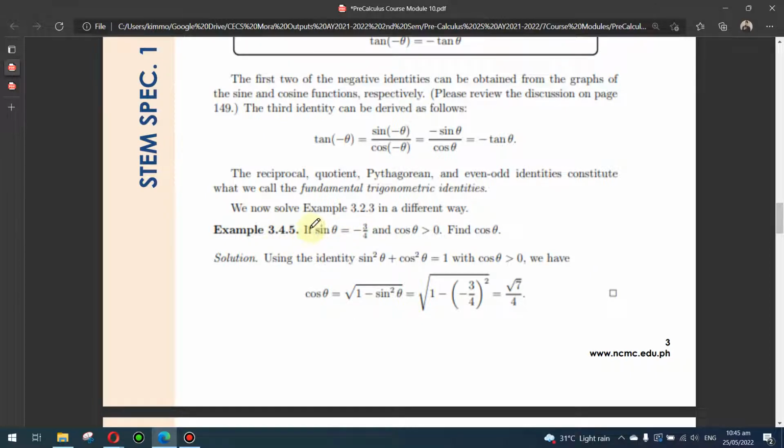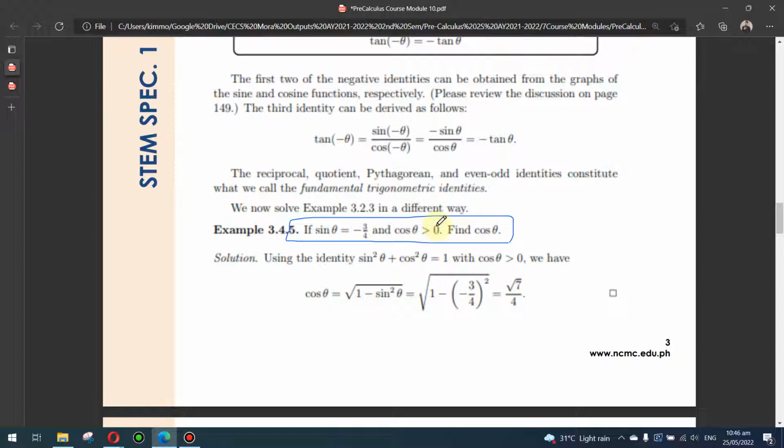For example, if sine theta is equal to negative 3 over 4, you have learned this kind of problem in the previous module, where you find the value of cosine theta, which should be greater than 0.